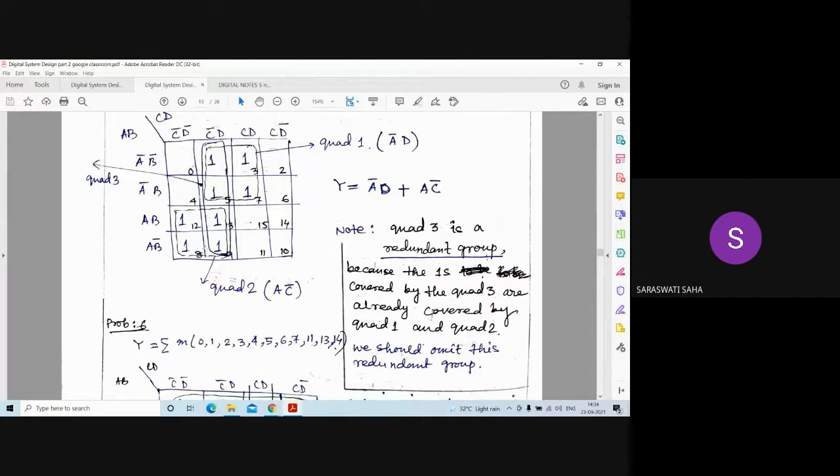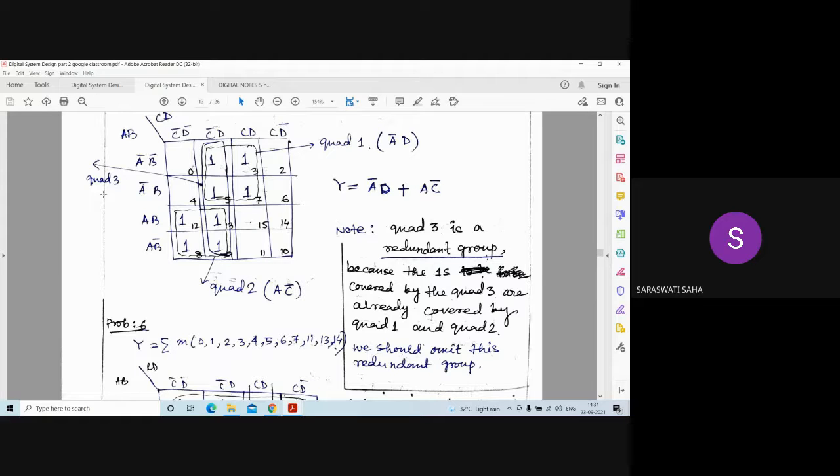So we'll take only these 2 quads, because here how many cells have the 1 value? 8. The positions of these 4 make a quad, and these 4 adjacent cells make another quad. So if we consider quad 1 and quad 2, all the ones will be covered. So we can leave this quad 3.